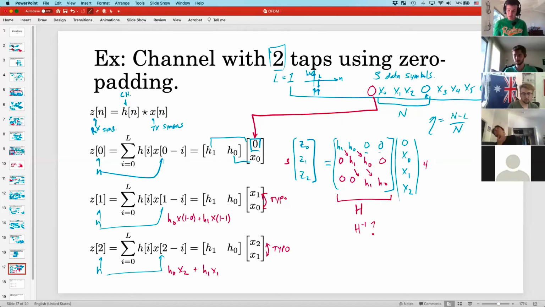What you can do, and I actually don't know if they teach you this in your linear algebra class, is what's called a pseudo-inverse. Have you ever heard of that term? All right, well, we get to learn something today. The pseudo-inverse is a well-defined operation for matrices of any size.